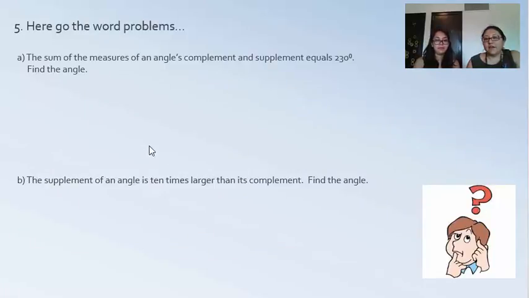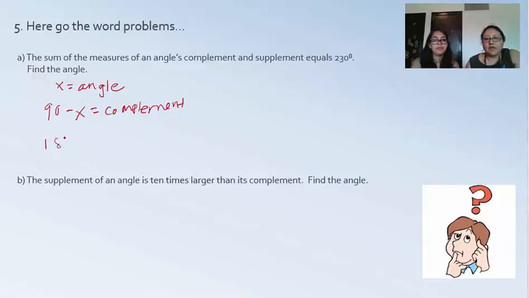All right, so we have word problems here. What we want to find first is: the sum of the measures of an angle's complement and supplement equals 230, find the angle. Keeping in mind that x is the angle, then 90 minus x would be the complement, and 180 minus x will be the supplement. Knowing this, we can set up the sum of the measures of an angle's complement and supplement equals 230.